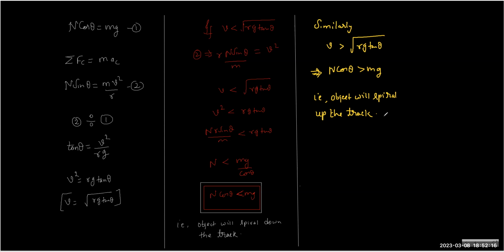You can also realize that as V will increase, N will grow. So a faster moving object will increase the normal. And why this happens? It's not very intuitive, but why does something that moves faster increase the normal, especially on a curved track? Any guess? Why does a faster moving object create a bigger normal?